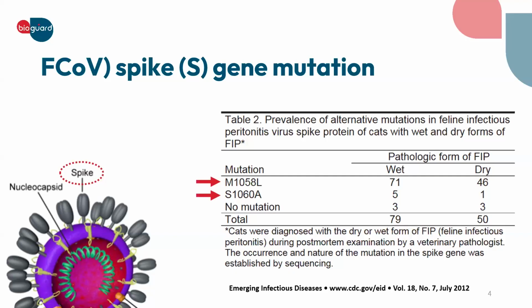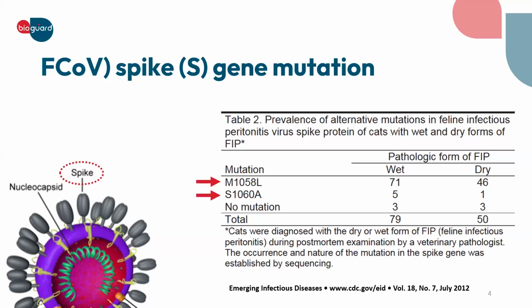The second mutation which was also observed was S1060 into A. In 5 of the cats it was identified in the wet form and 1 in the dry form. There were also certain mutations which were not identified yet.